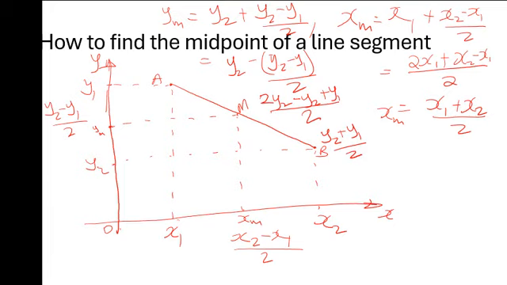Which means that midpoint is the same as to say that it is x side, x1 plus x2 over 2, comma y side y2 plus y1 over 2. Okay, so that's how we do this.